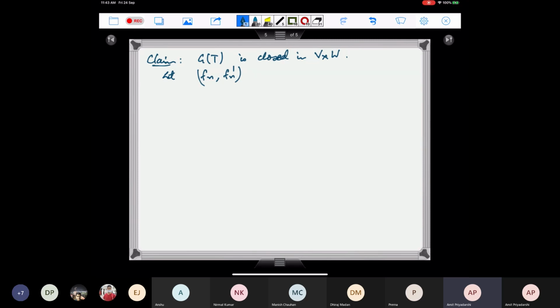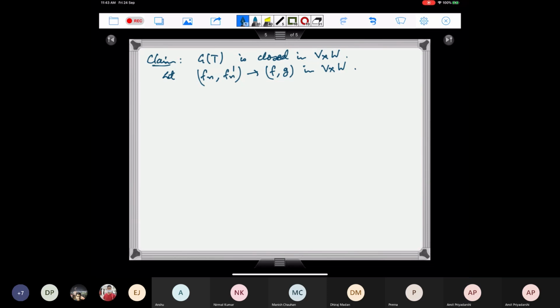So if this converges to some (f, g) in V cross W, then we have to show that (f, g) belongs to the graph of T, which means that g is equal to f prime.